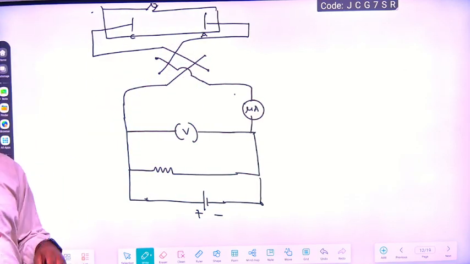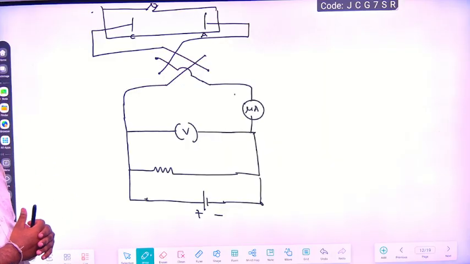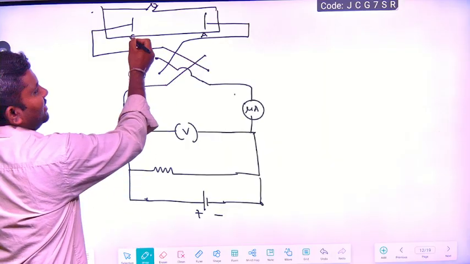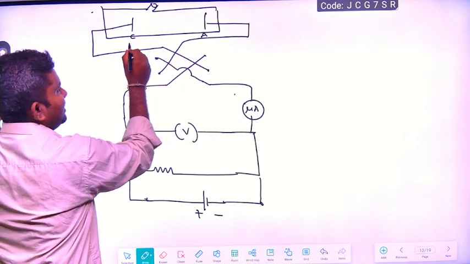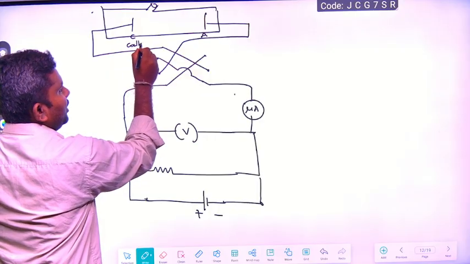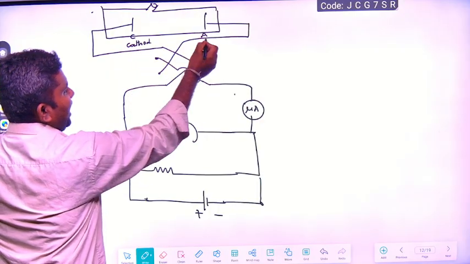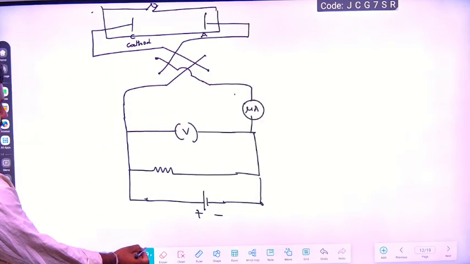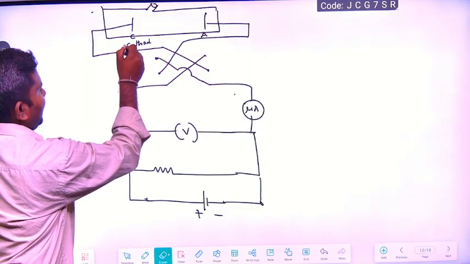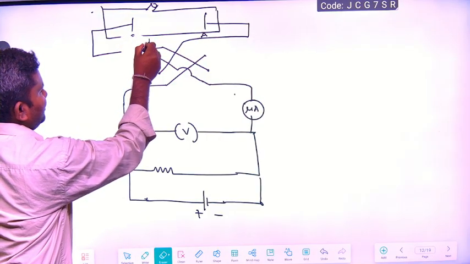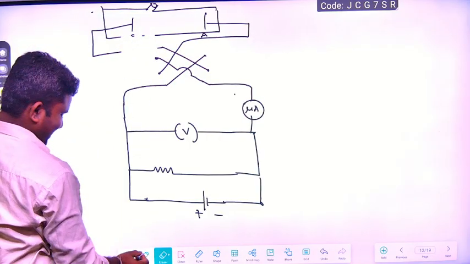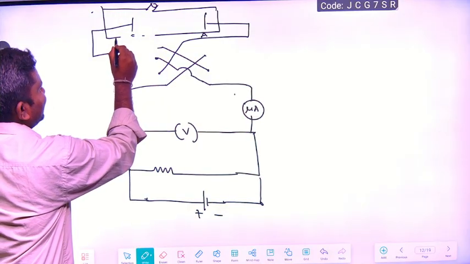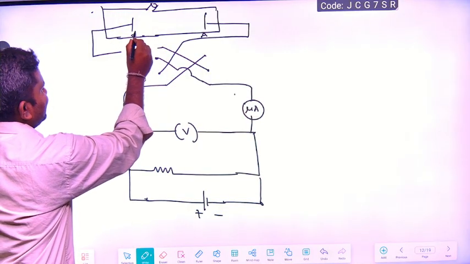Now you see what will happen. This is emitter plate, this is collector plate, this is cathode and this is anode. Now I will not write cathode here. It will touch. It's very difficult here. This is C.